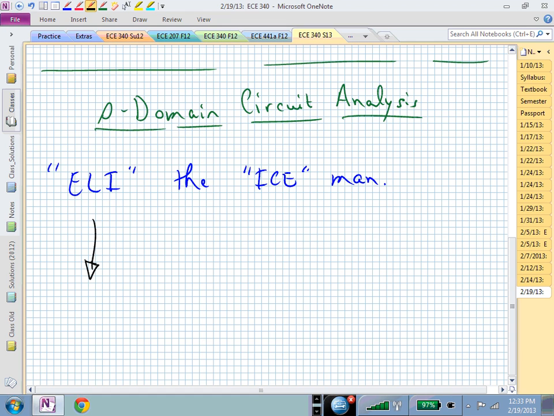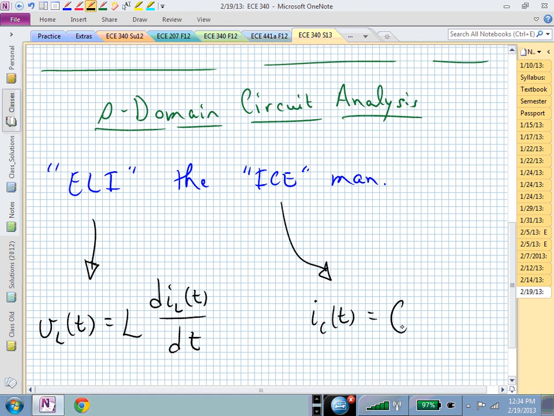With the inductor, or ELI, we know that the voltage or the electromotive force on that inductor is equal to L, the inductance, times the time rate of change of that inductor current. Similarly, with ICE, we now have the capacitor's current equaling, or proportional to, where the proportionality constant is the capacitance, the time rate of change of voltage across that capacitor.